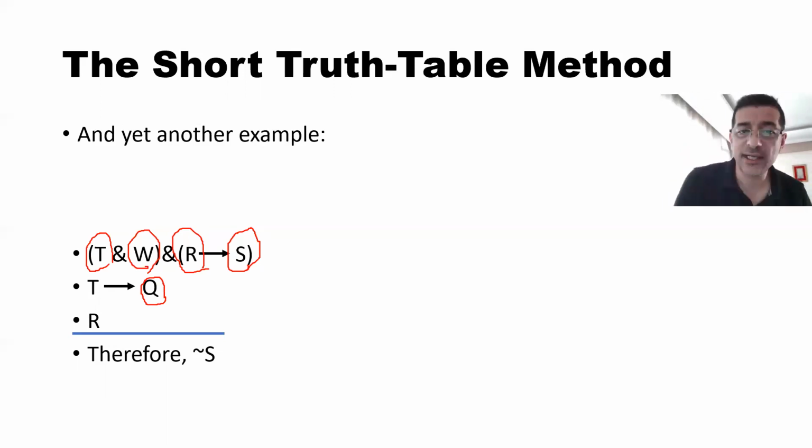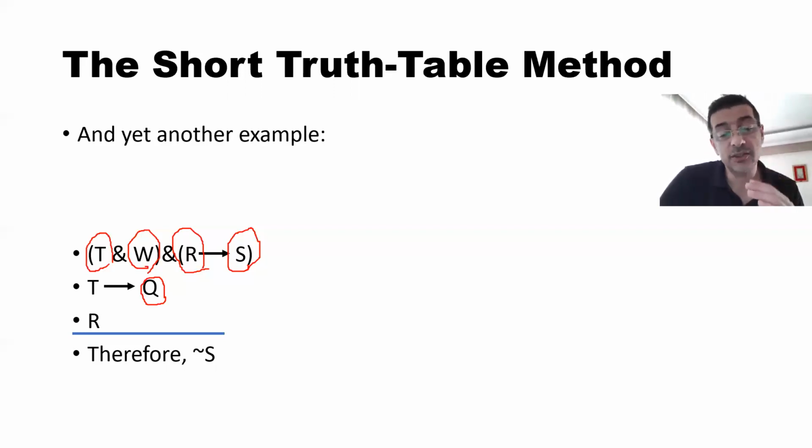You see, now it's getting more meaningful for us to use a short truth table rather than having 32 lines. What I can do is write the way we learned, and then try to figure out the truth value of this argument. So please pause the video and first write it horizontally rather than vertically, okay?